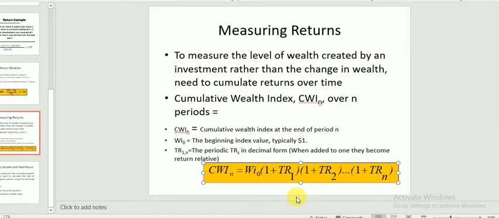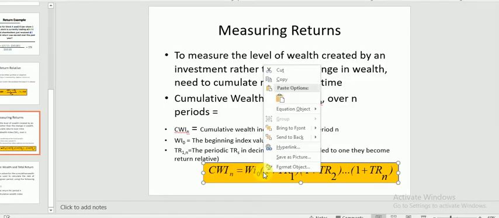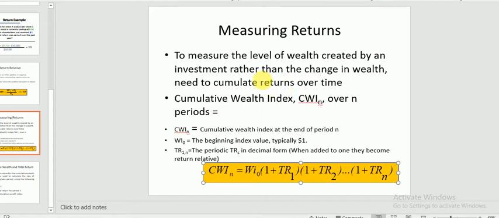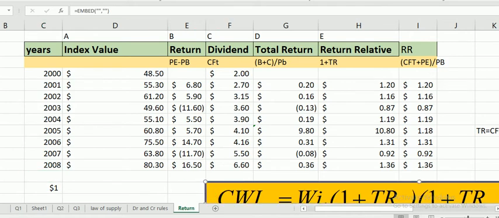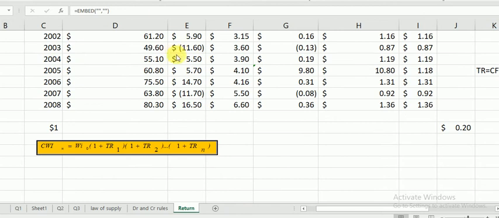Now look at this formula. Dear students, this is the formula: 1 plus TR1 times 1 plus TR2, times 1 plus TR.